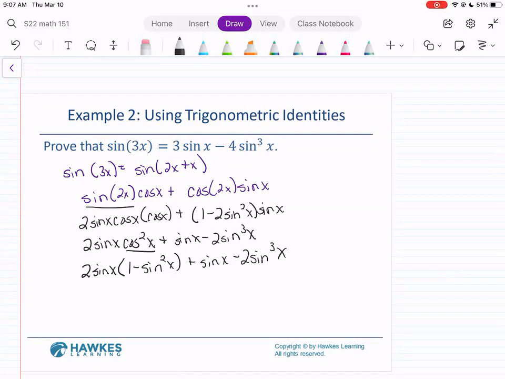And then when we multiply out, we get 2 sine of x minus 2 sine cubed of x plus sine of x minus 2 sine cubed of x, which then results in the equivalent that we were trying to prove.